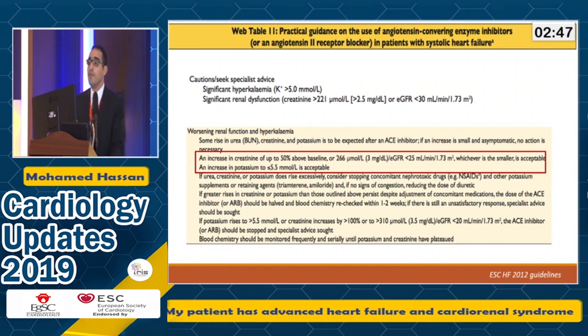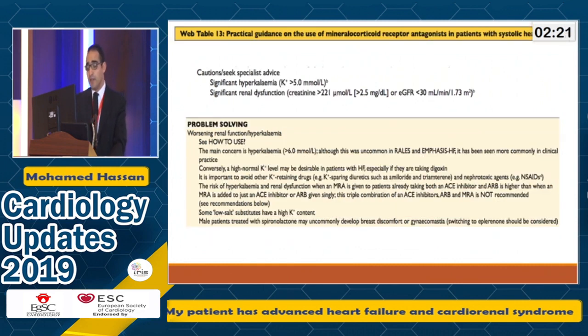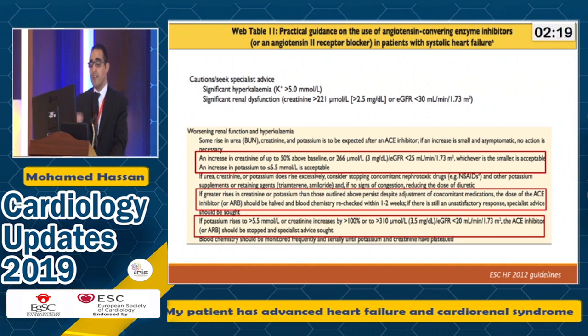If the creatinine increased less than 50% of the baseline and GFR is still more than 25, you just follow up the kidney function and serum potassium. If it increases more than 50% of the baseline, you can halve the dose and monitor kidney function and potassium. But if the creatinine increased by 100% of the baseline and there is hyperkalemia with a serum potassium more than 5.5, at that time you can discontinue ACEIs or ARBs.